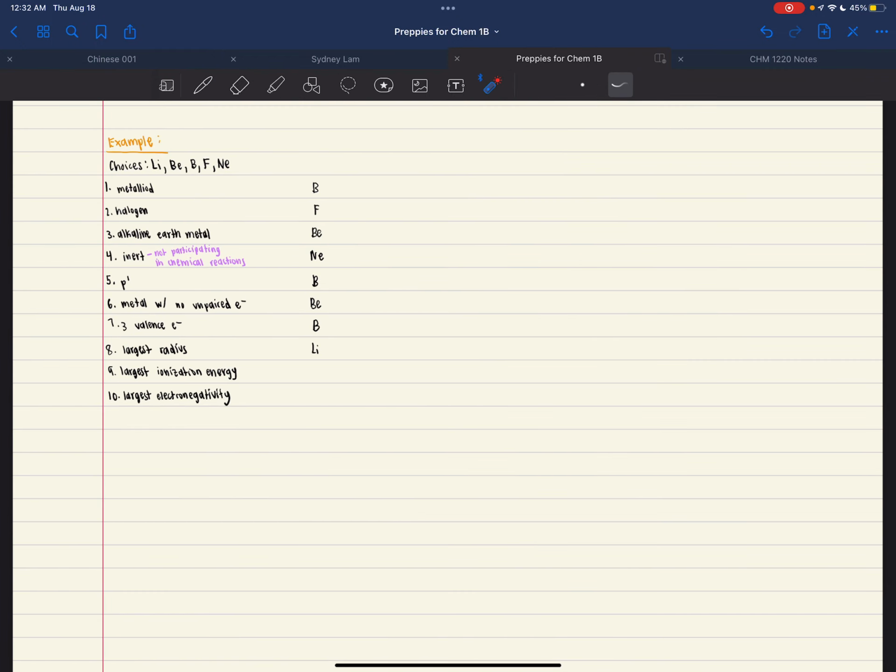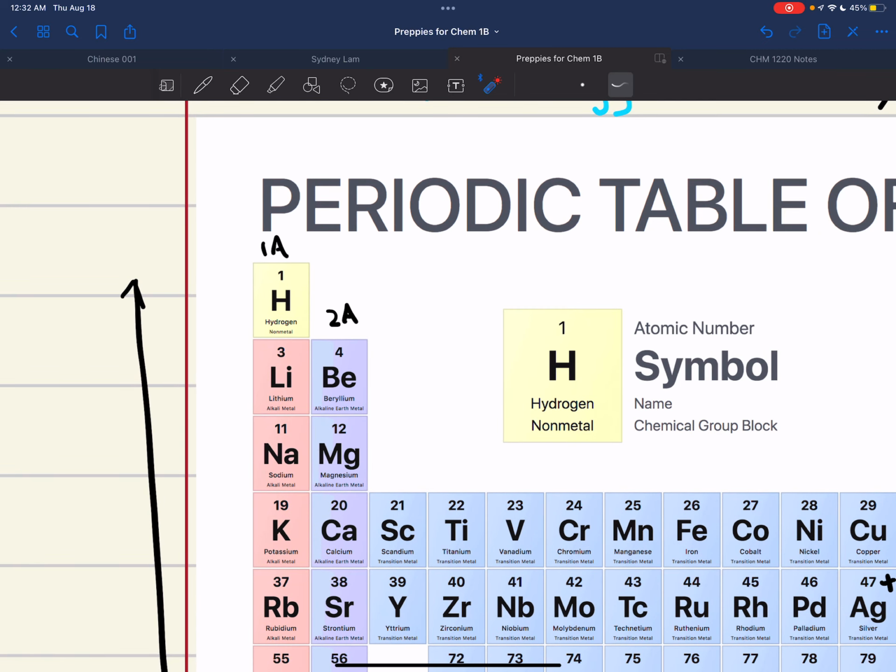But here is a very important thing to note. For example, if you were given lithium and magnesium, and you were asked which one has a larger radius, it would be tough because they're diagonal from each other. They're equidistant from the bottom left. But something important to note is that the energy level rule is the strongest.